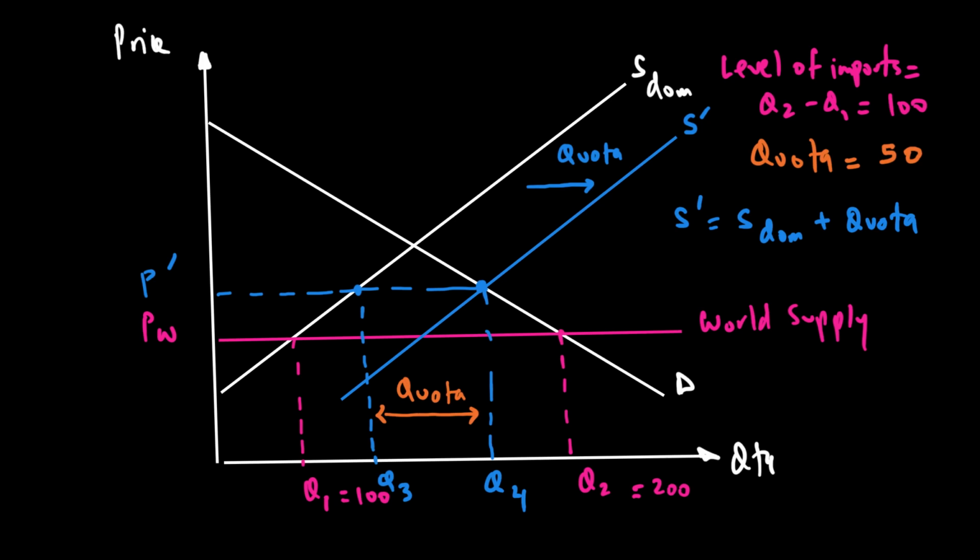Look at this, guys. Consumer surplus previously was, let's say, A, B, PW. So all this was consumer surplus when the world price was PW. Now when you put a quota, you are making this a new supply curve, S dash, which means the new consumer surplus will be A, X, P dash.